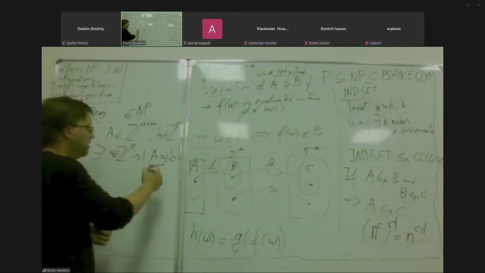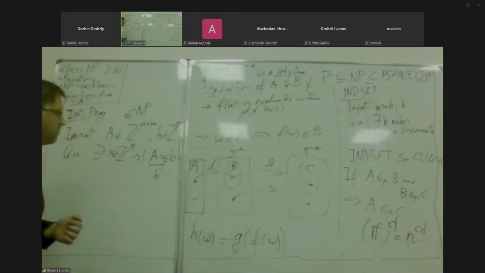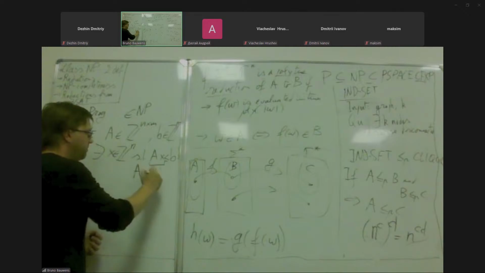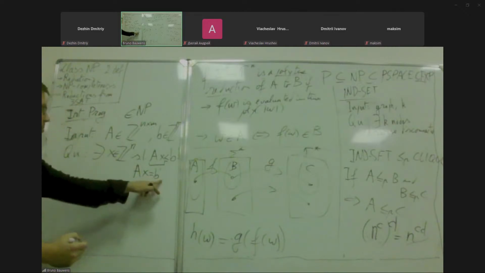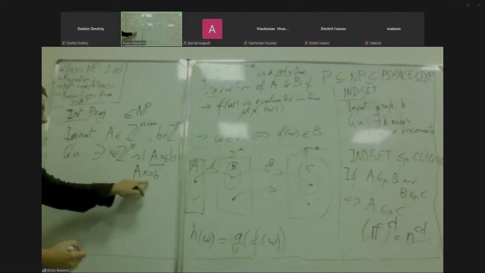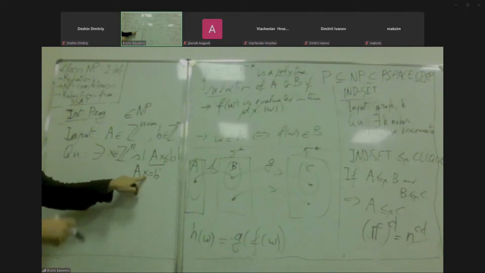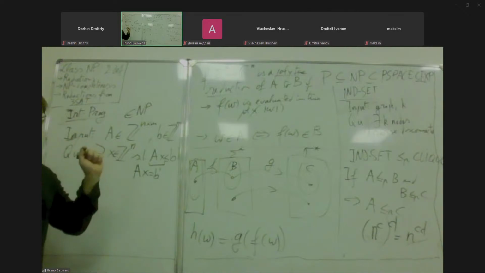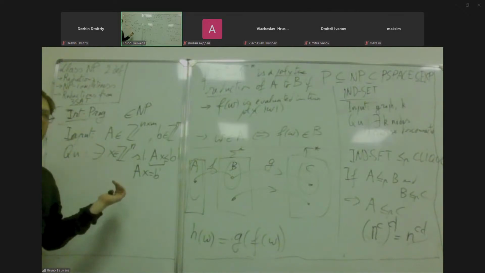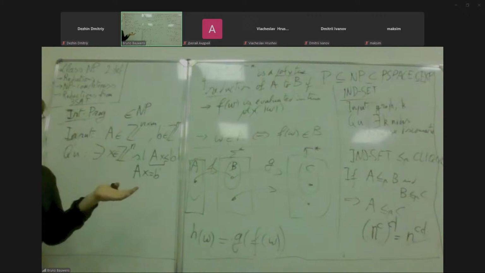So create B prime, and then solve the system AX equals B prime. If B prime has simple coefficients, then this Cramer rule is just calculation of a determinant. It happens in polynomial time, since the size of determinants is polynomial in the bit size of the numbers.